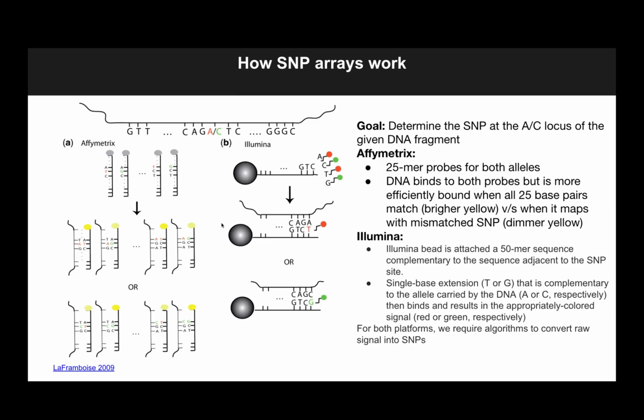So incorporating T, right? So you have a mutation here, so it can be either A or C. Now you have a probe which is complementary to this. In this case only hybridization is happening, whereas here it works by doing a single base extension.